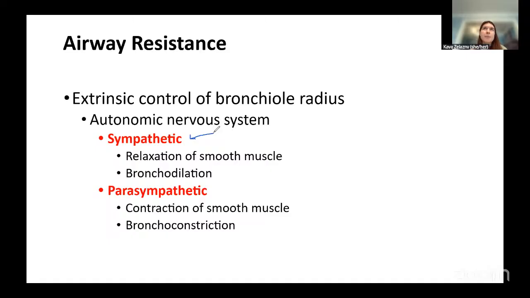That's our fight or flight part, right? So this is when we're stressed out. This is when we're going on a run. This is when we're about to start a fight, right? This is a situation where you want a lot of blood flow to your tissues because you want oxygen, because you know that you're going to have to do something active, right?